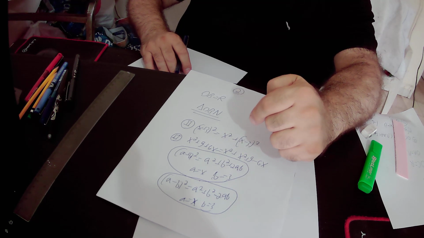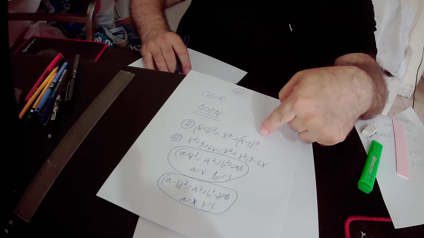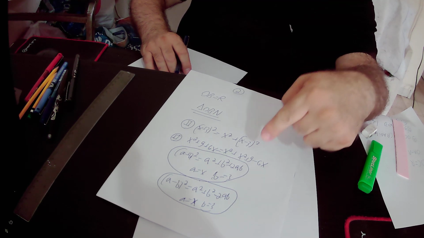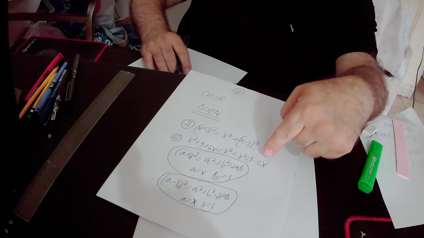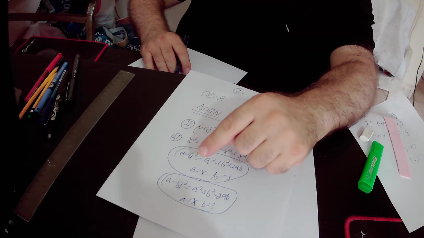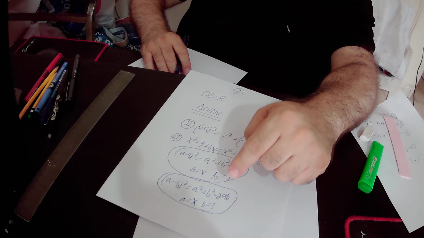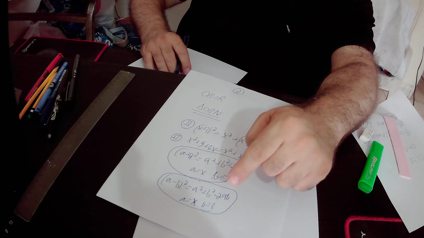And then we have x squared plus x minus 3 squared, and x minus 3 squared equals x squared plus 9 minus 6x, according to the formula that a minus b squared equals a squared plus b squared minus 2ab, when a equals x and b equals 3.